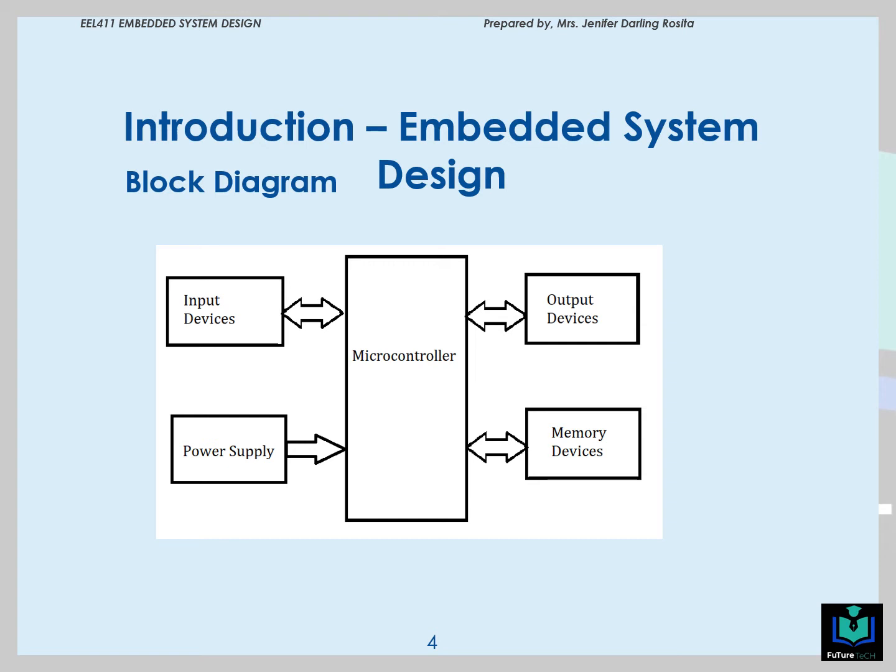This microcontroller can be any kind of microcontroller. For example, it can be an 8051 microcontroller, or an ARM microcontroller, or an advanced RISC microcontroller, or any kind of microcontroller. Now when you talk about the microcontroller, it tells about the number of bits. Each microcontroller works according to the capacity it has.